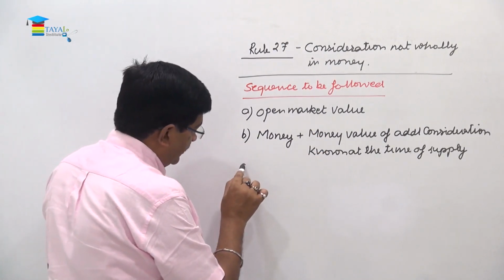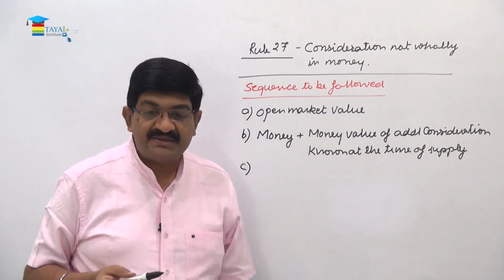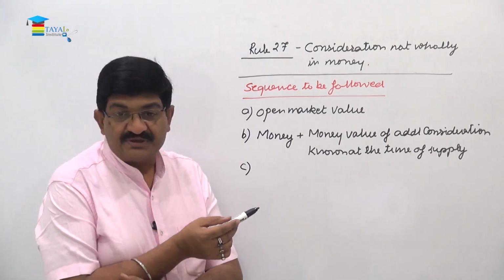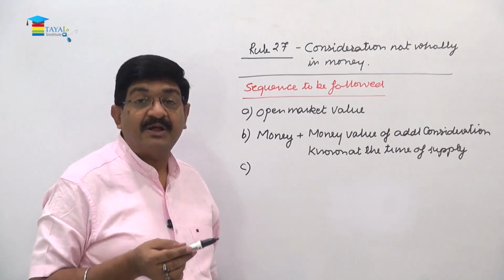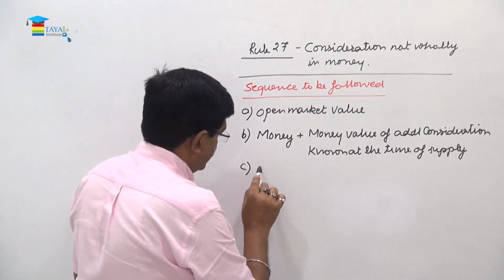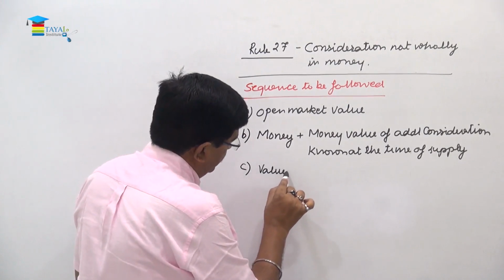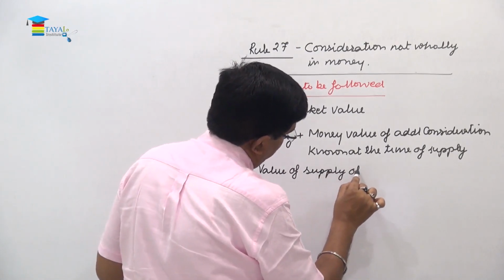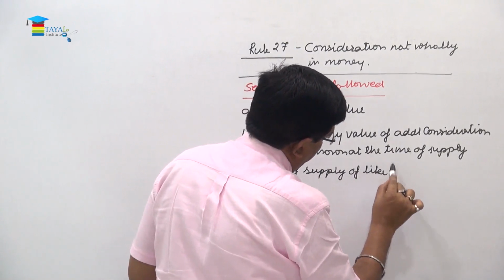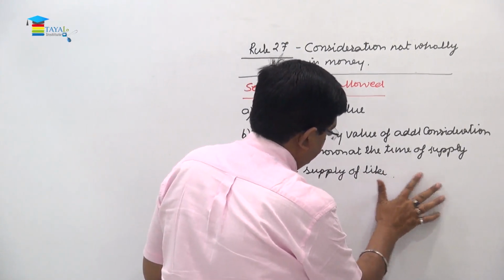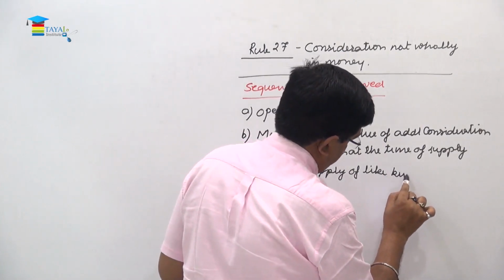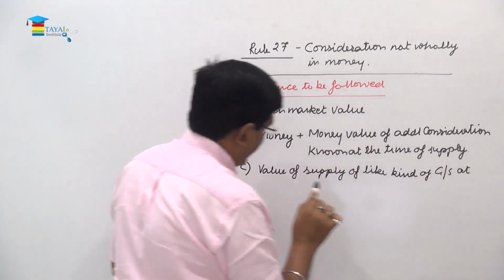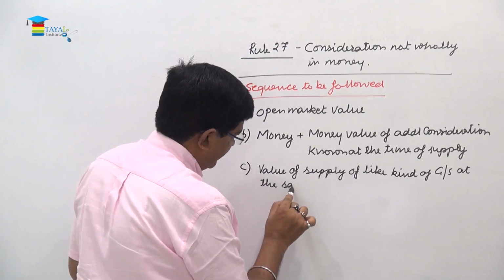If this is also not possible, then we go to clause C, and that says if it is not possible to determine the value in clause A as well as B, then the value of supply of goods or services shall be the value of supply of like kind of goods or services at the same time.